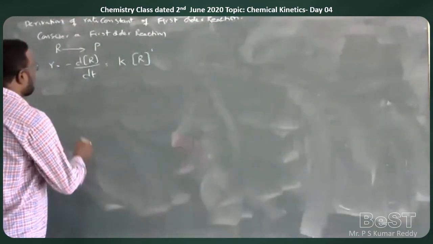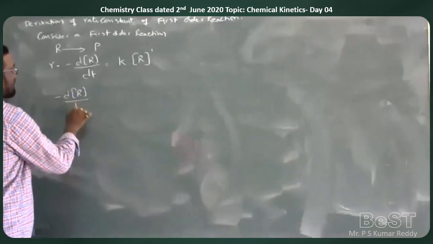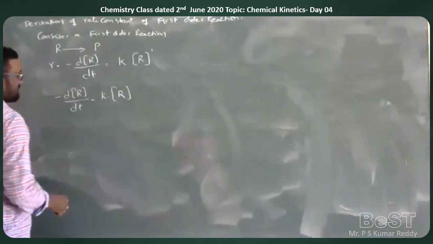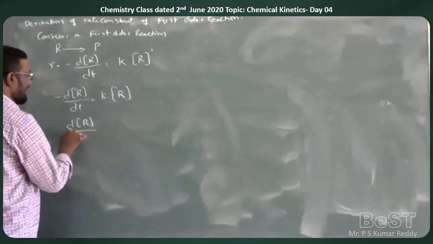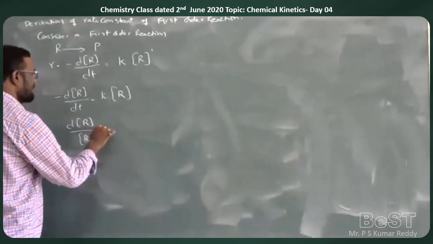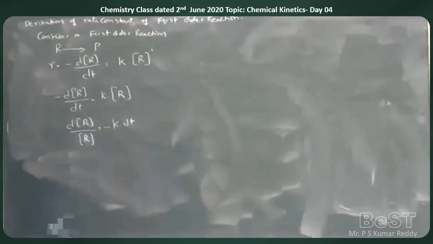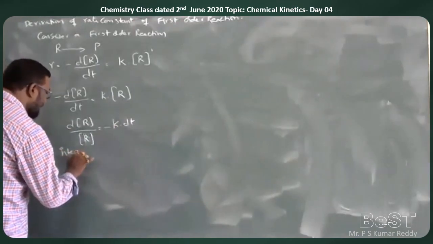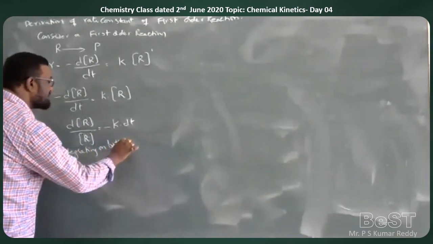Now, here minus dr by dt is equal to K into R. So, rearranging, dr by concentration of R is equal to minus K dt. Integrating on both the sides.